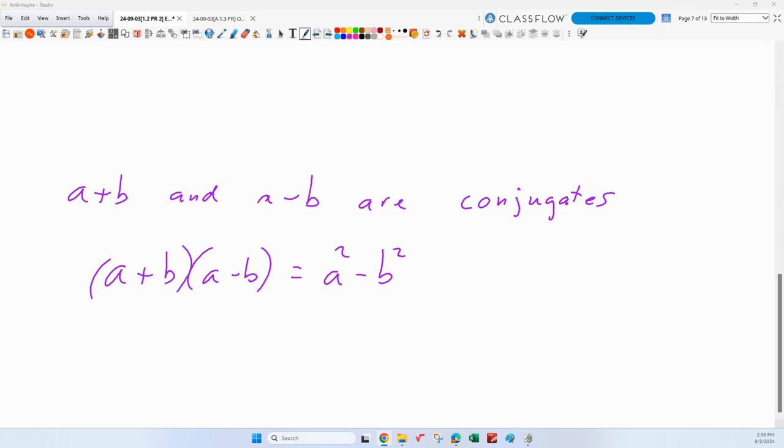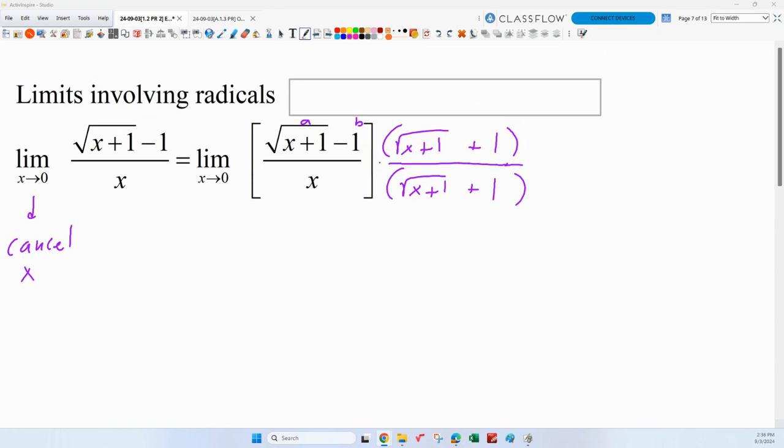Right? That's useful because now look, on the top, that's going to give me A squared, which is just the square root of x plus 1 squared. What's that? X plus 1, right? Minus B squared is just 1 squared. That's 1, right?